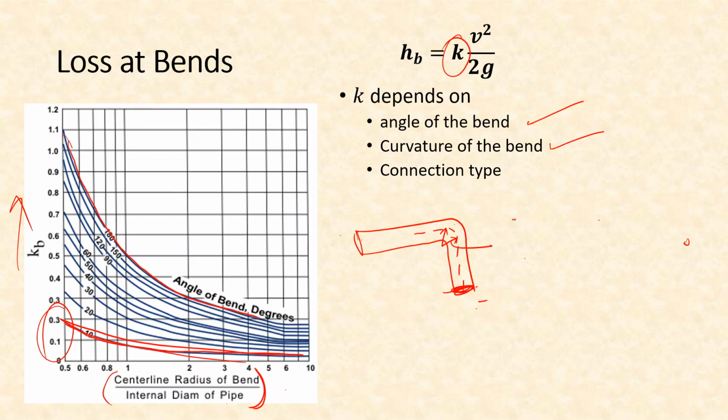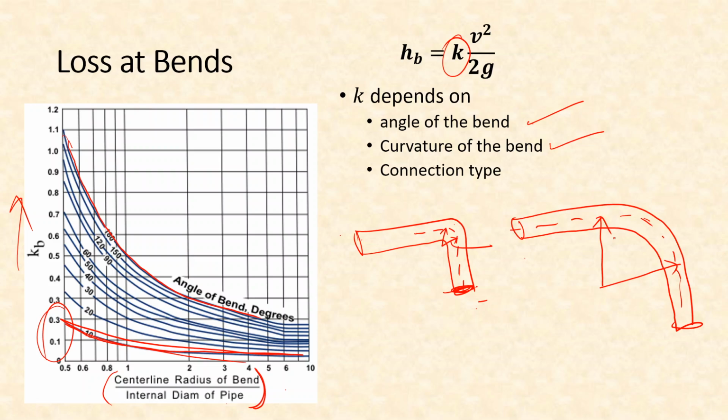But if we make a bend like this, which is obviously a smoother transition or smoother bend, in that case the centerline radius of the bend will be this much, and this radius by this diameter is a larger ratio than this radius by this diameter.